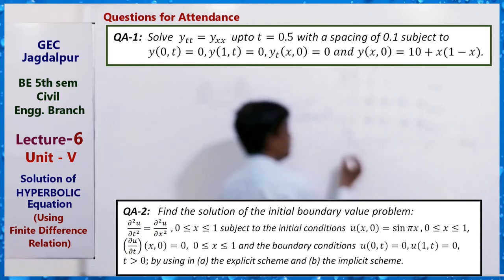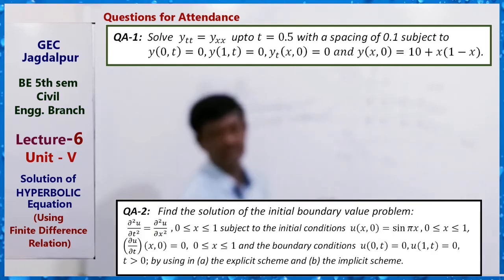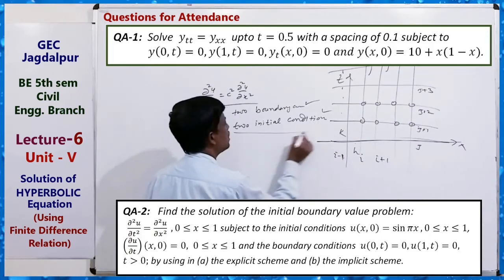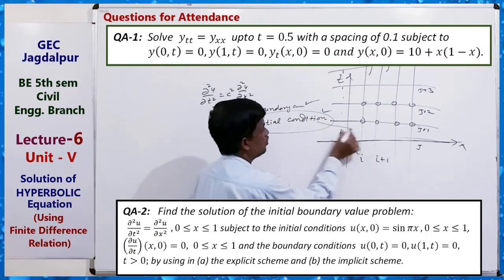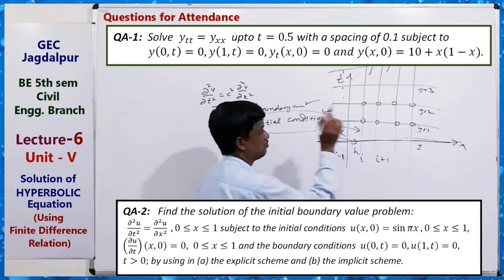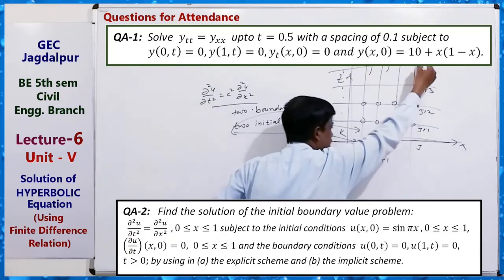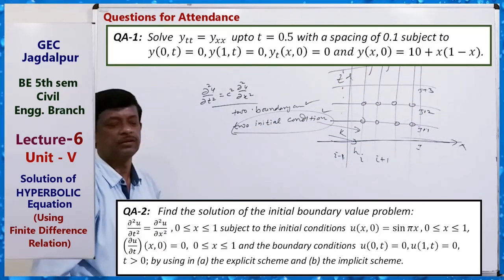This is I minus 1, I plus 1, just like this. So this is the initial condition. By two initial conditions, you can get two rows of values, and by boundary conditions, you can get these two values.